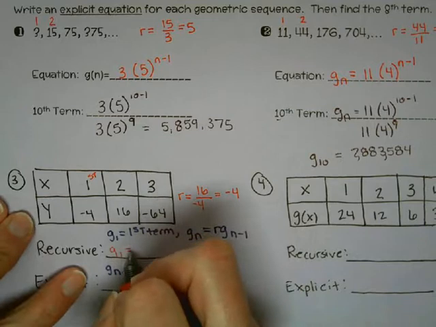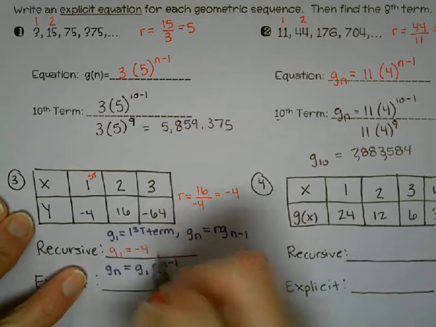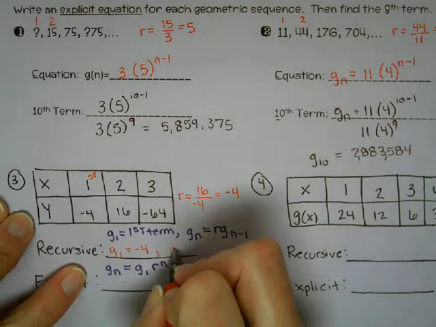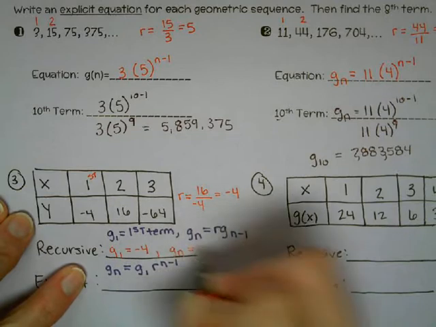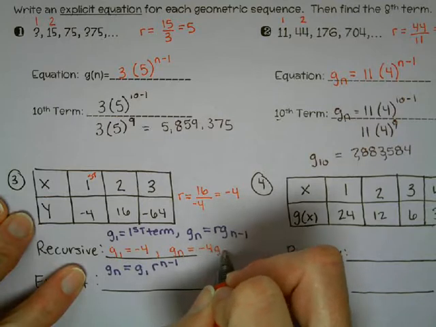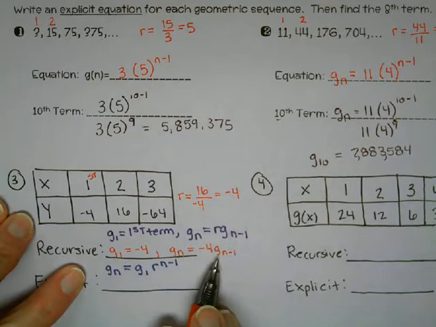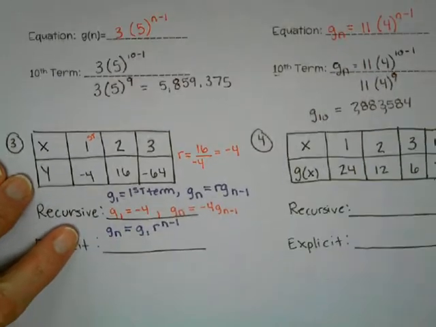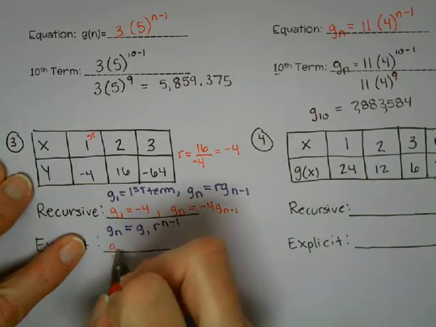So our first term, G1 equals -4. And then G sub n equals R, which is the ratio here. We have -4 times G n minus 1. So that says you can take whatever the previous term is, times it by -4, get the next term.